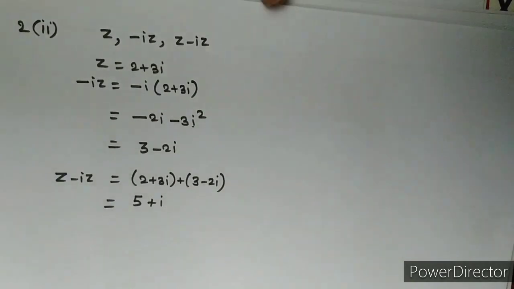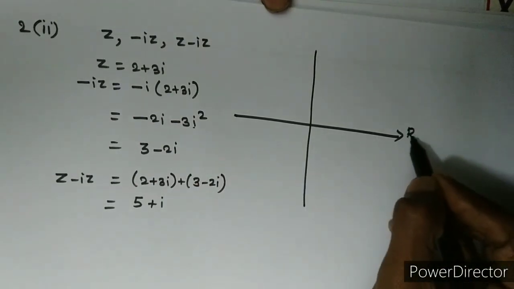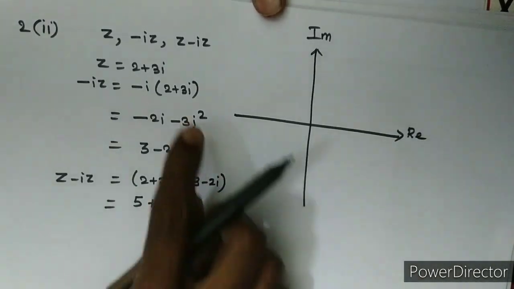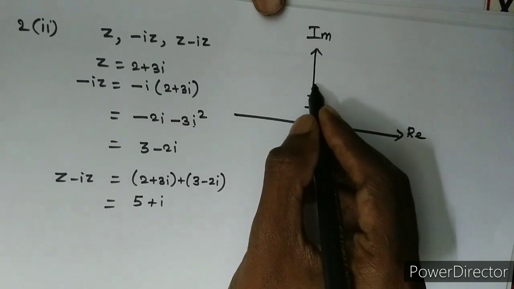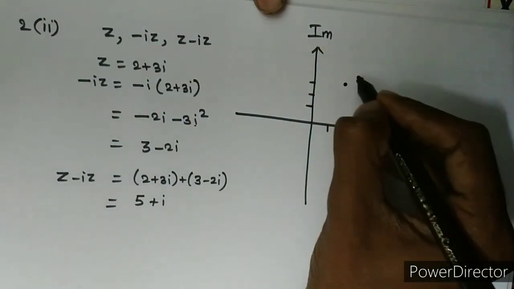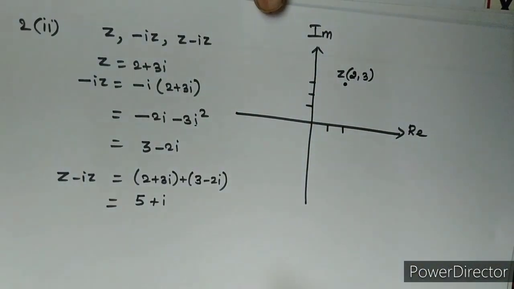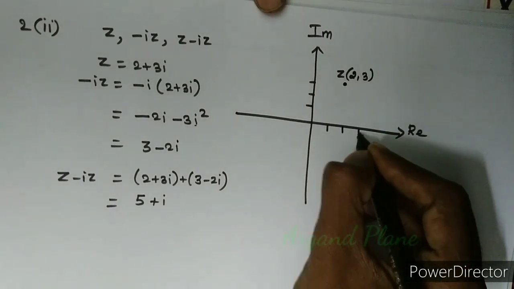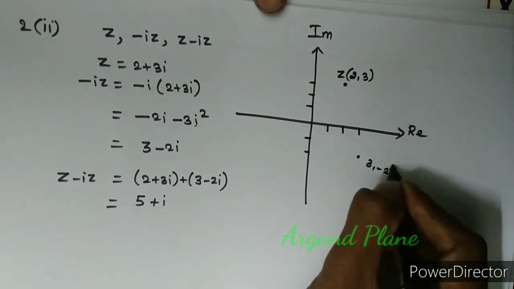Therefore, consider the Argand plane. The x-axis is the real line and the y-axis is called the imaginary line. Now z is (2, 3): x value 2, y value 3. Then minus iz is (3, −2): x value 3 on the real line, and −2 on the imaginary line.